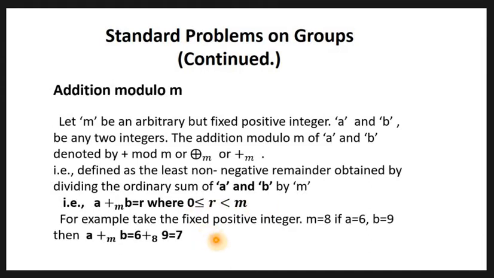For example, let us consider a fixed positive integer m is equal to 8. If a is equal to 6 and b is equal to 9, then a plus mod m b is equal to 6 plus mod 8, 9 is equal to 7. So that is 6 plus 9 is 15, 15 minus 8 is equal to 7.